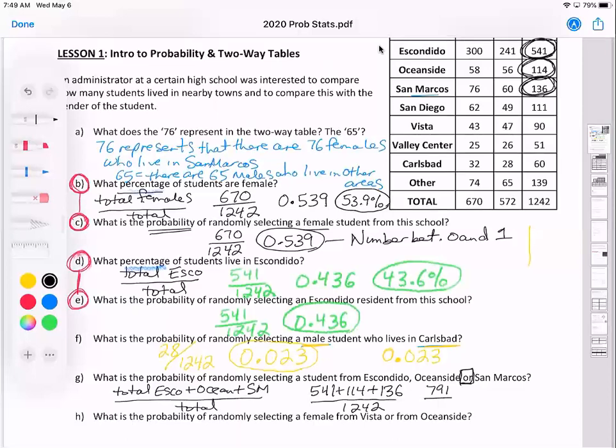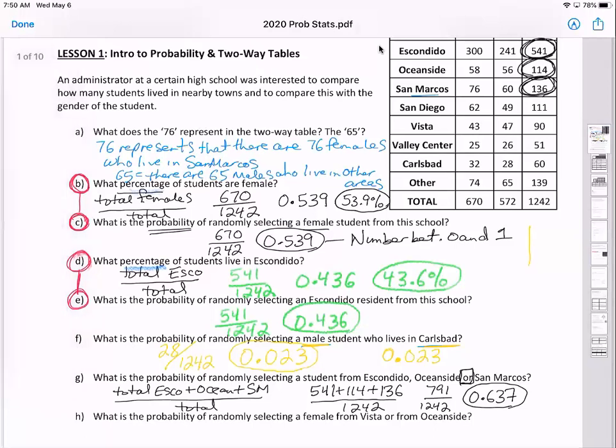It's quite a big chunk of the student body, divided by 1242. And we get 0.637. And it asks for a probability, so that'll be our probability. So not so much a 50-50 chance, a little better than a 50-50 chance that you'll get a student from one of those areas.